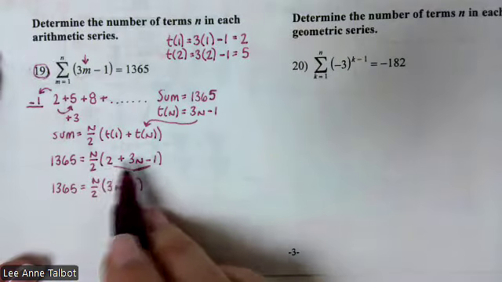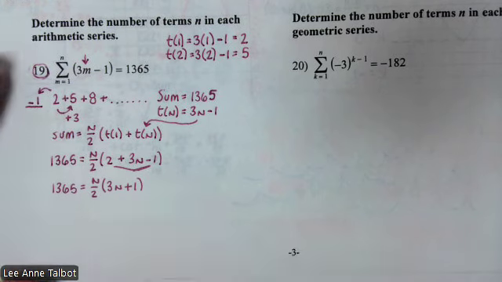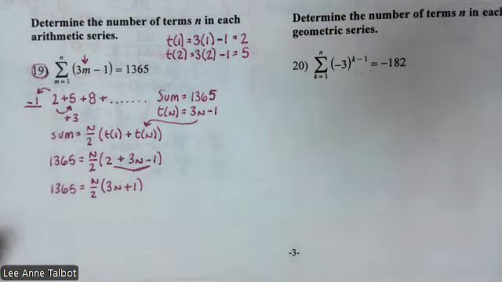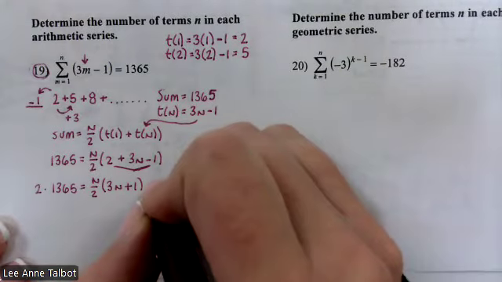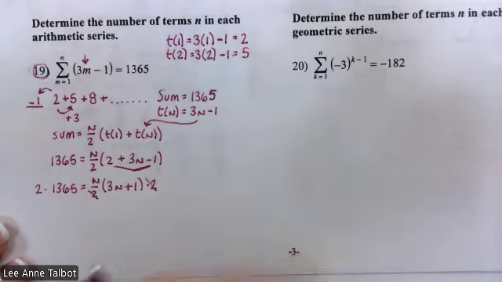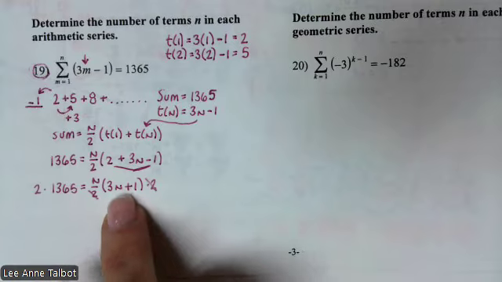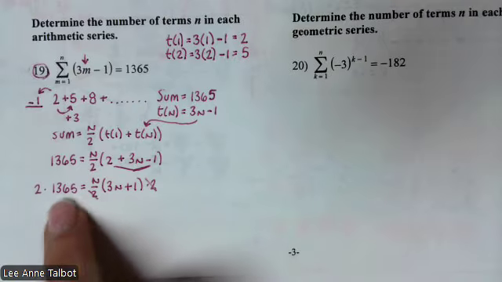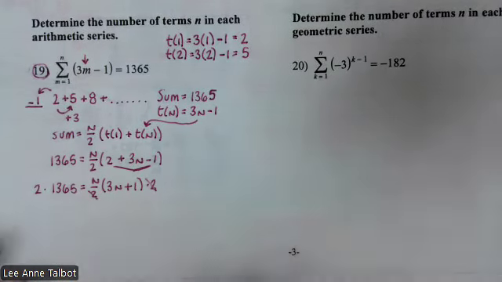Okay, then I combine those two constants together. 2 minus 1 is positive 1, so I got 3n plus 1. Times 2 on both sides to get rid of the denominator. And one of the things I noticed when I was grading the quiz is a lot of people were doubling this also. You don't double this part, you just double this side. And the 2 and the 2 cross out over here. 2 times 1365 is something.